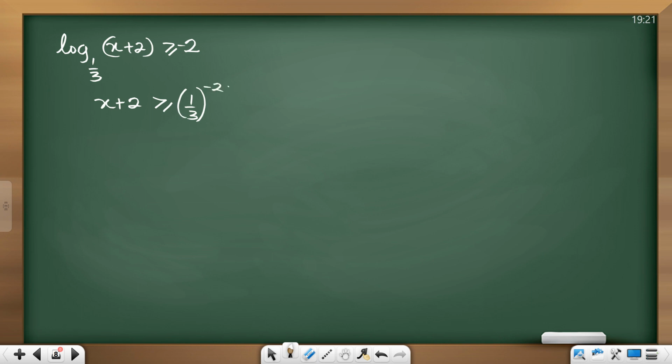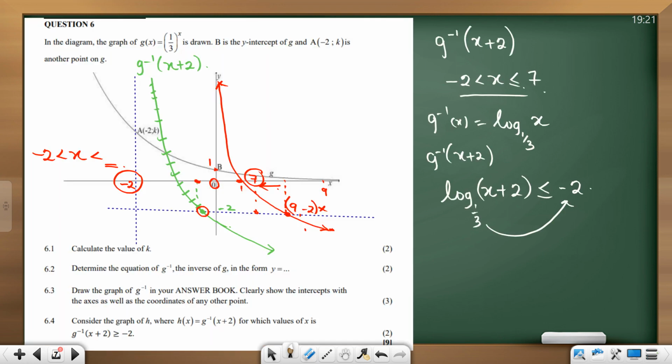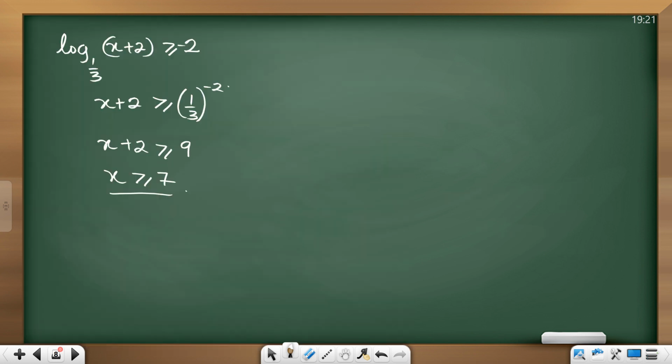Might be having a problem. What will this give us? The answer we have on the graph: x is less than 7. Calculation-wise, x is greater than 7.